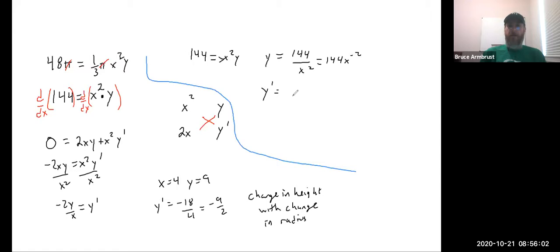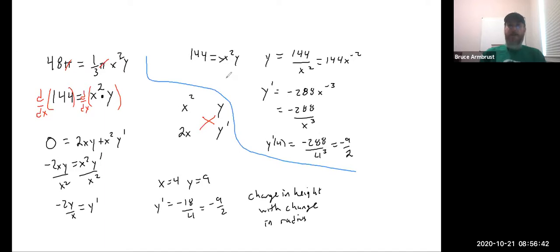The derivative of that would be minus 288x to the minus 3, or negative 288 over x cubed. Again, we could plug in our x equals 4. So we get negative 288 over 4 cubed, and that actually will also go down to negative 9 halves. So we get the same thing either way.